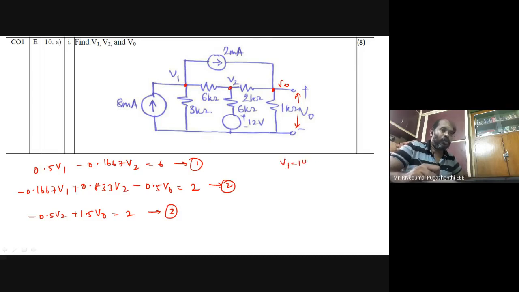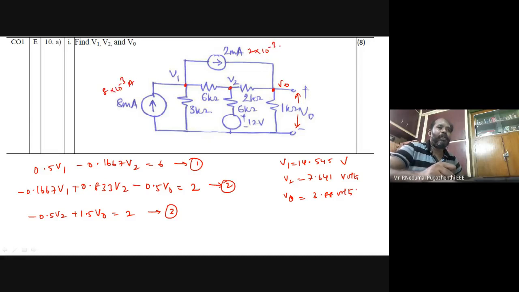which provide these values. V1 is equal to 14.545 volts, V2 is equal to 7.641 volts, and V0 is equal to 3.88 volts. Okay, you have to be careful because everything is provided in different units. 8 into 10 power minus 3 amperes. This is 2 into 10 power minus 3 amperes.